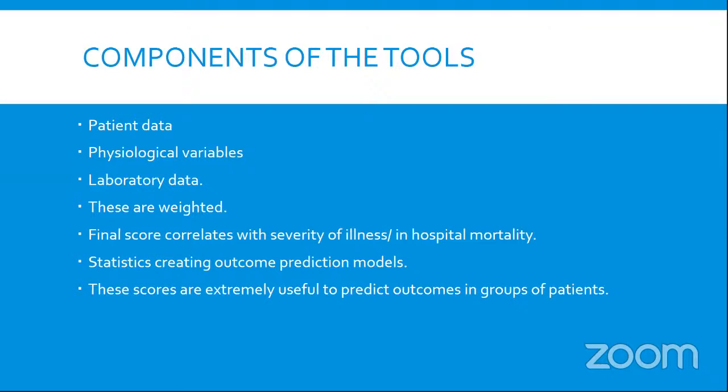So if a score is 30, it shows that it's a very severe one, and a person with a very high score is unlikely to live. That would stimulate you to do much more to keep the patient alive. And scoring systems basically use high-tech statistics to create outcome prediction models.